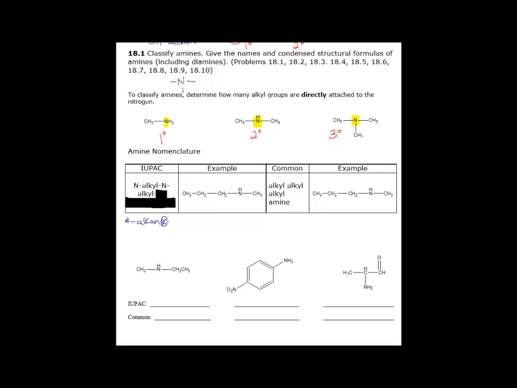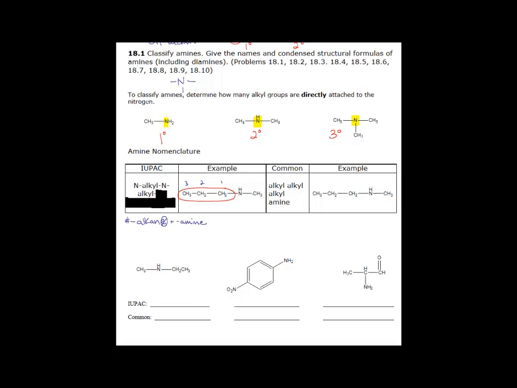Get rid of the E and then add amine. So let's look at this example. As always, IUPAC nomenclature, it's the longest continuous chain of carbons bearing your nitrogen or amine. So 3 versus 1, we'll definitely choose the 3. This is carbon 1, carbon 2, carbon 3.